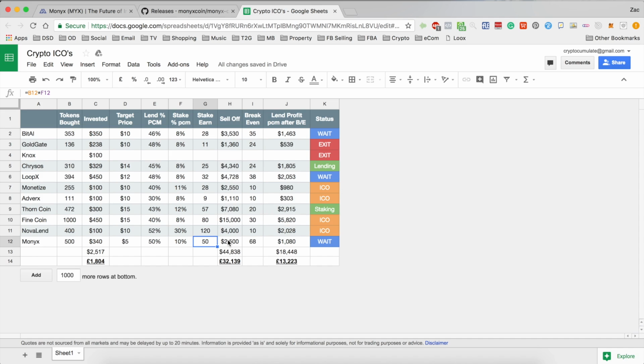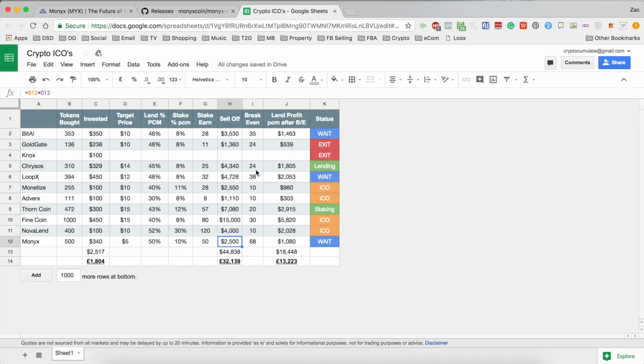If I were to do a sell-off, so that's selling all my tokens that I hold at this target price, I could make $2,500, which would obviously give me a profit of $2,160.